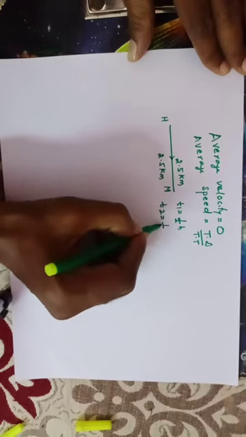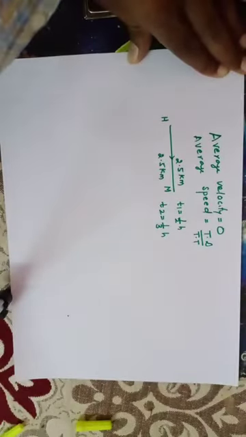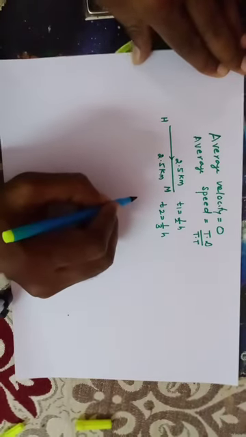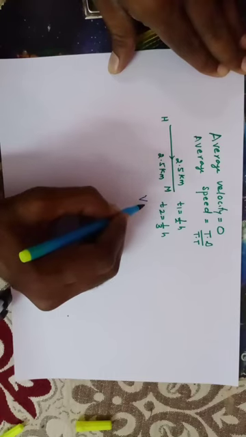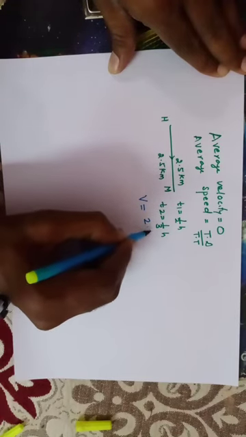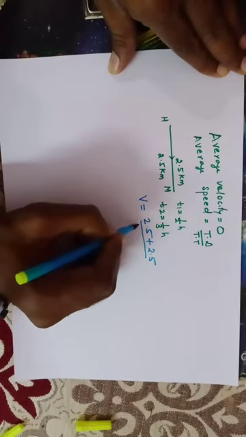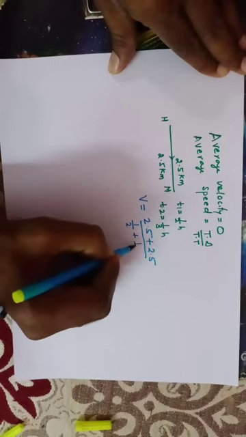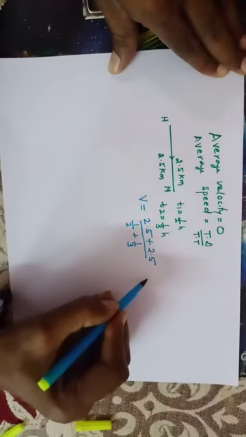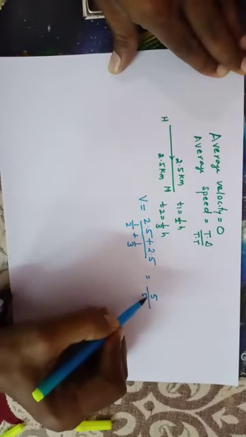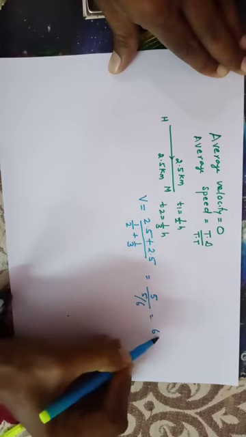T2 time is 1 by 3 hour. So average speed equals 2.5 plus 2.5 divided by 1 by 2 plus 1 by 3, and it will become 5 divided by 5 by 6, that is 6 kilometer per hour.